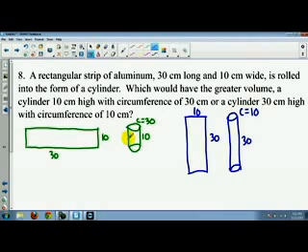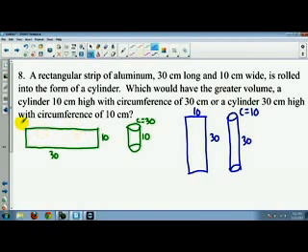Okay? So from the same area, we have two kinds of cylinders. One is a shorter one with a bigger circumference. Here, this is a taller cylinder with a smaller circumference. Which would have the greater volume?